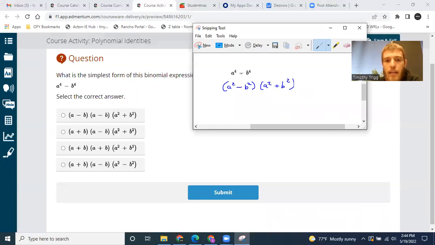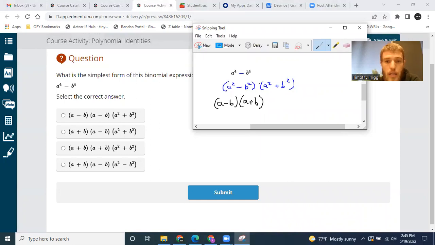Now you may notice that this difference of two squares reappears, doesn't it? We have a perfect square minus another perfect square right here in this factor. So we could also factor that down even farther. A minus b, again, taking the square root of each of these. A minus b times a plus b. Now, can I do that with this factor as well, the a squared plus b squared?